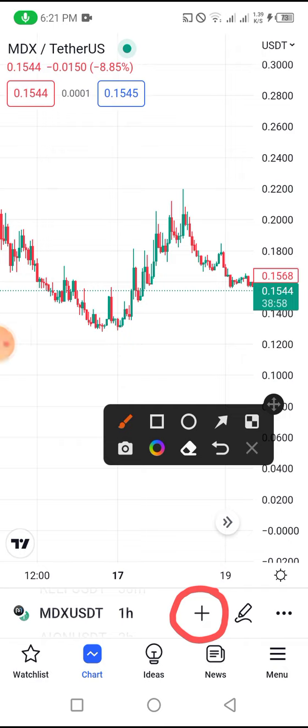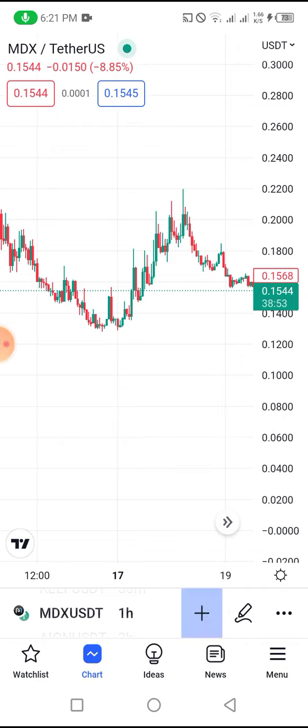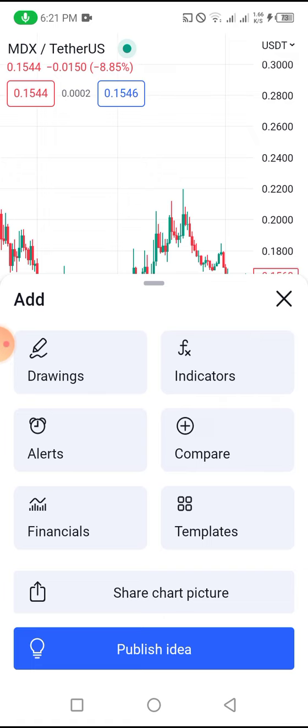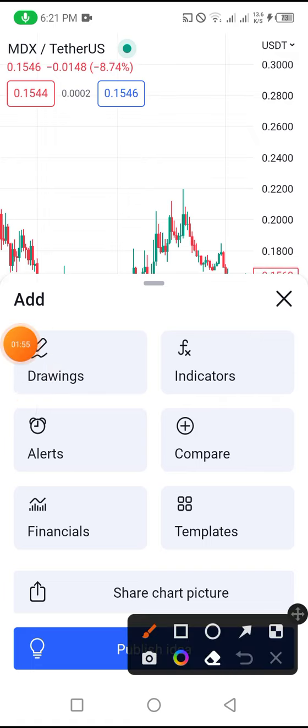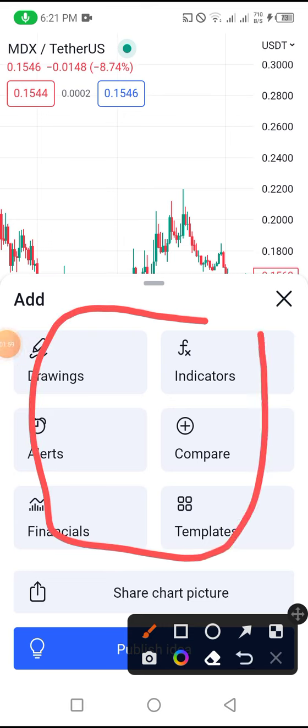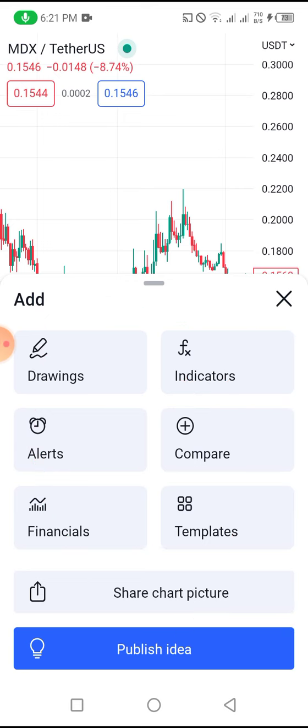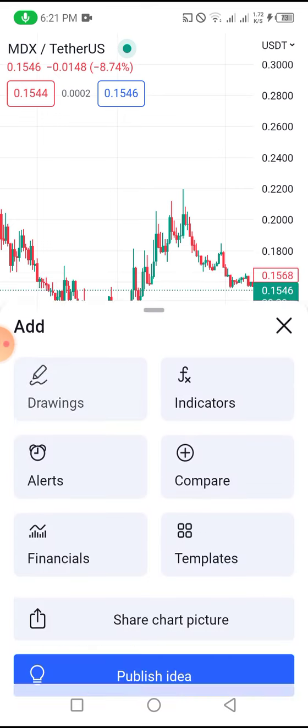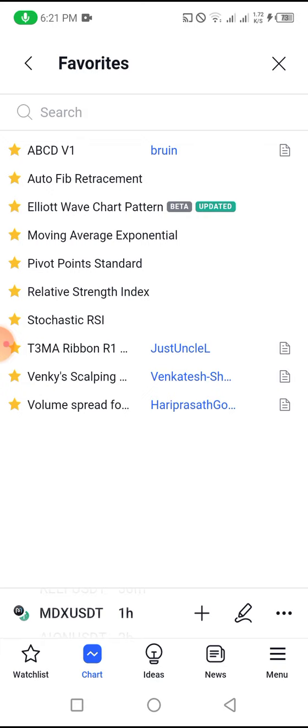This is where you tap. If you want any indicator, this is where you come and tap. Let's tap it here, and the next part that is going to be displayed is this area here, but your main focus is going to be on indicators, because that is what you want specifically. So when you tap on the plus, you tap on the indicator.